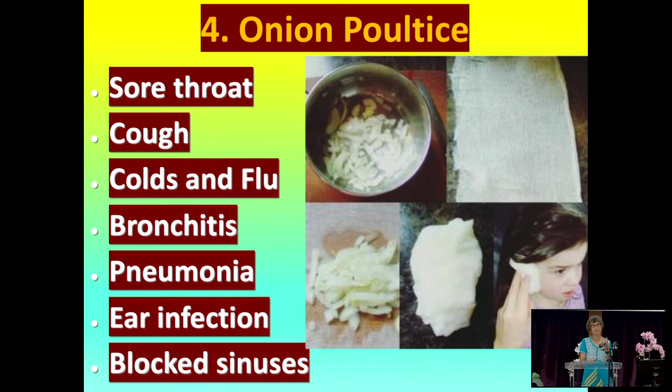Okay? The onion, especially when it makes you tear, that sulfur compounds in it is the active component that helps to relieve the mucus build up as well as the cough. So it's very good for colds and flus also, pneumonia also, and even for blocked sinuses.